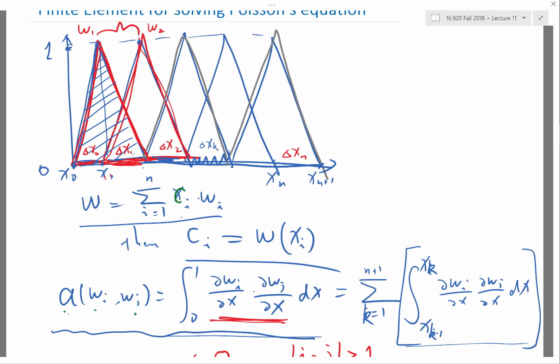Because if, let's say, i is neither k nor k plus 1, then no matter what j is, the integral is going to be 0, because the first term is going to be 0. In addition, if j is neither k nor k plus 1, then no matter what i is, the integral is also going to be 0, because this is 0, right?